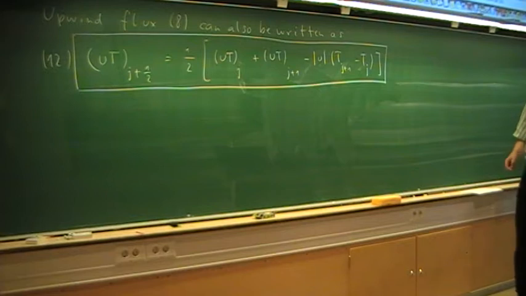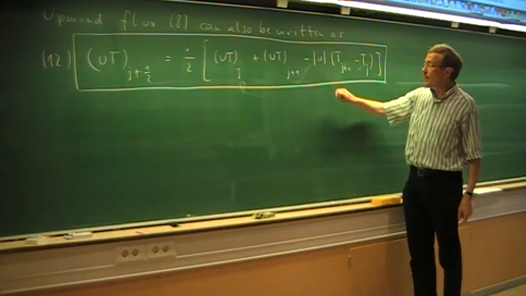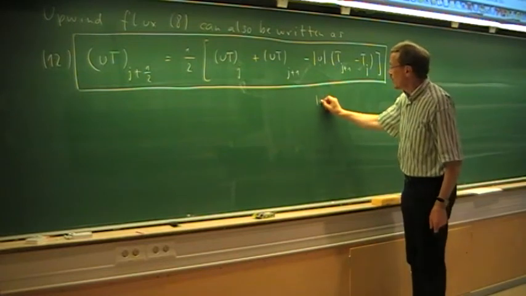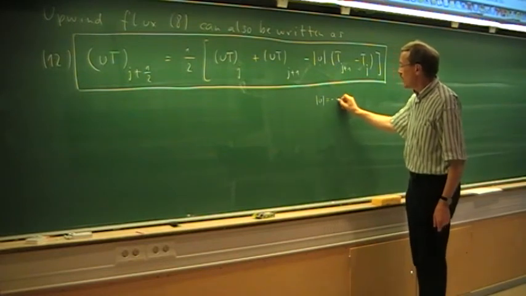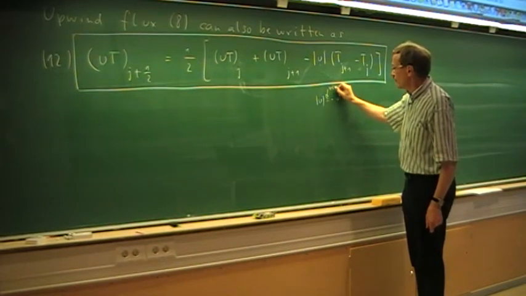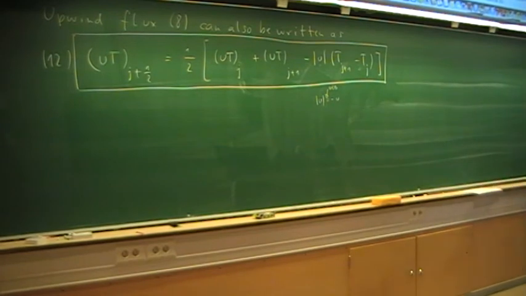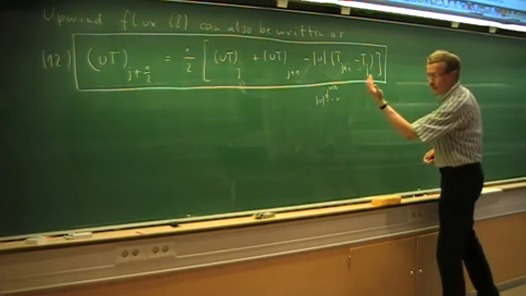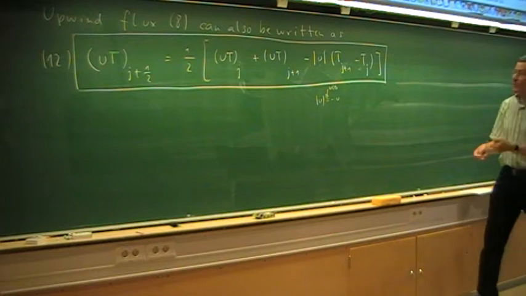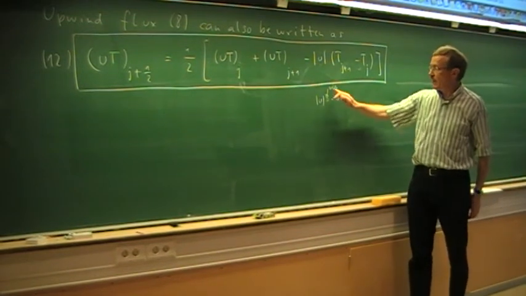Number 1. Number 2, if u is negative, then the absolute value of u is equal to minus u if u is smaller than 0. You can think of it. If u is negative, the absolute value is minus u. Because then the negative gets positive. So that means we can replace the minus absolute value by minus u.